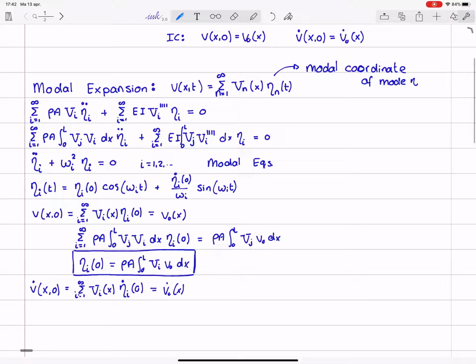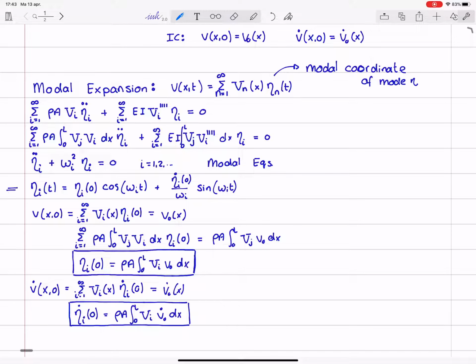Doing similar steps, we show that eta i dot at 0 equals rho A times the integral of Vi times V0 dot dx. So also the initial velocity of the modal coordinates can be computed quite straightforwardly.